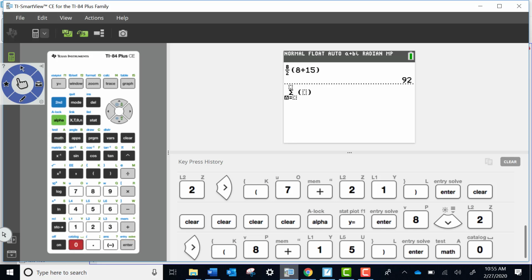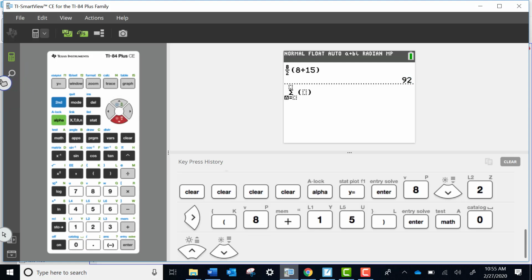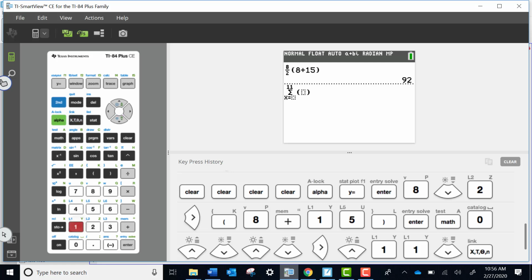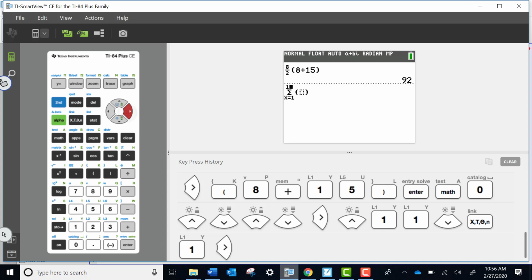This is summation notation. What should we put on top? 11. So put 11 on top. Use x for n. On the bottom, put x equals 1. And what are we going to put in here?